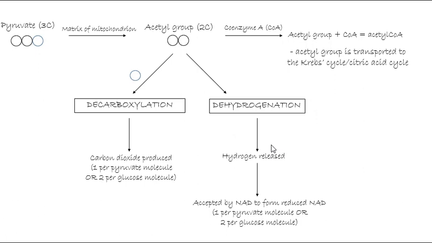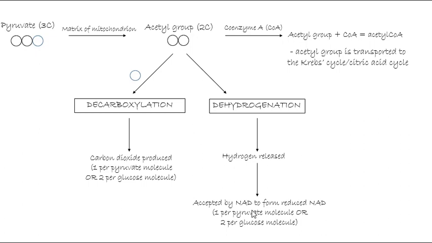But I'll repeat the definition. So dehydrogenation, as the name suggests once again, is the elimination or removal of hydrogen. And therefore when hydrogen is removed, hydrogen is released, and this released hydrogen cannot be kept on its own. Therefore, it is accepted by NAD, which is a coenzyme.